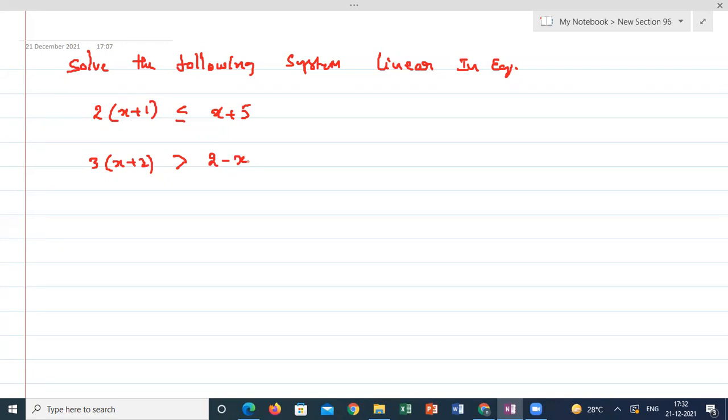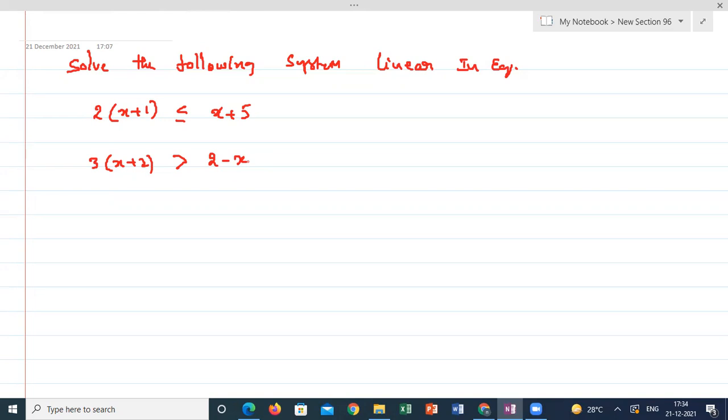Solve this question. Anyone got the answer? -2 open interval, 3 closed interval.